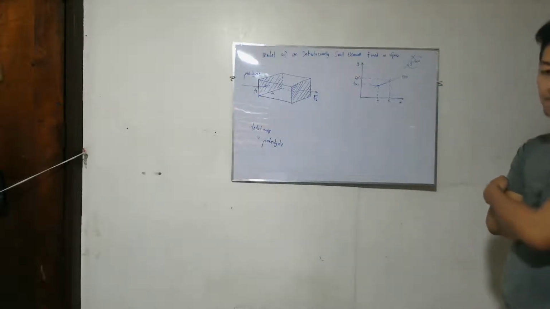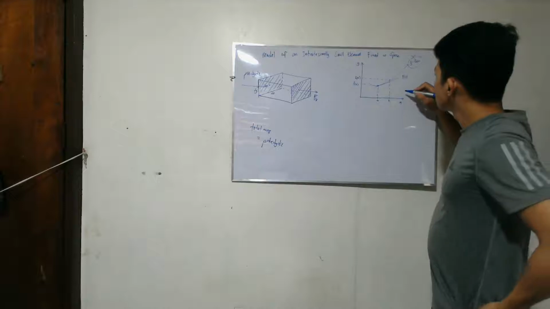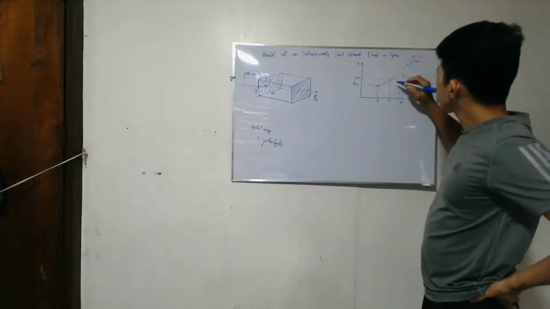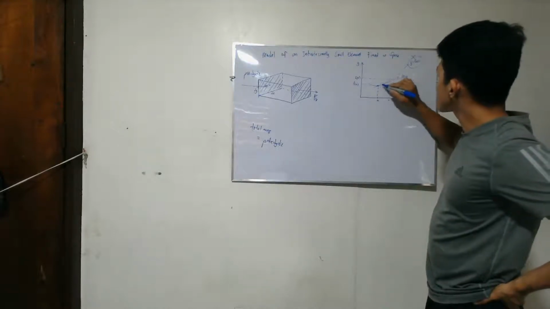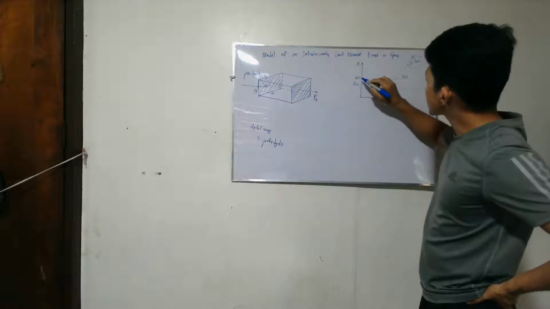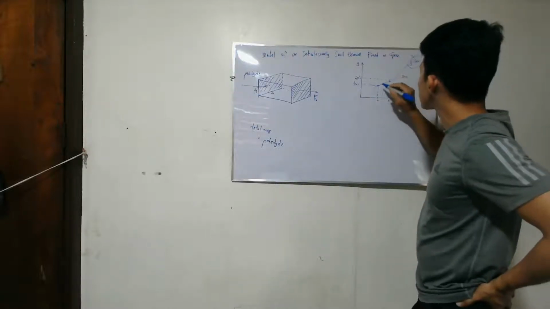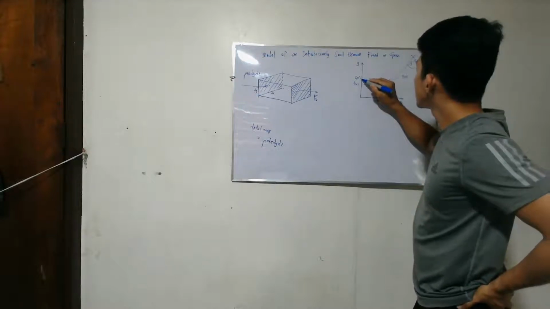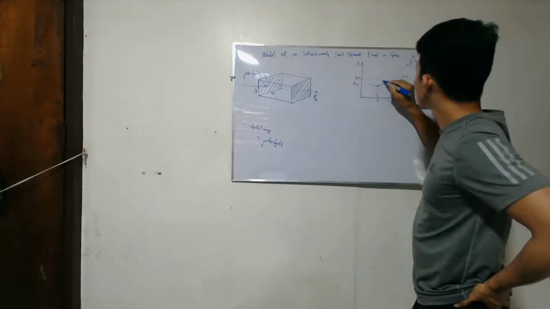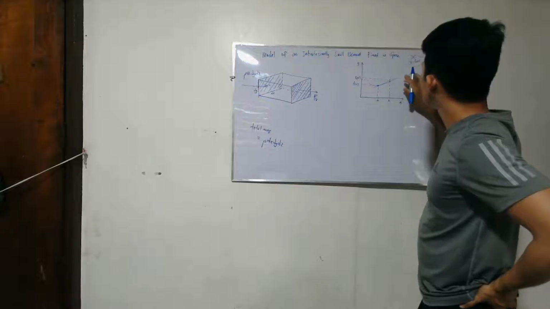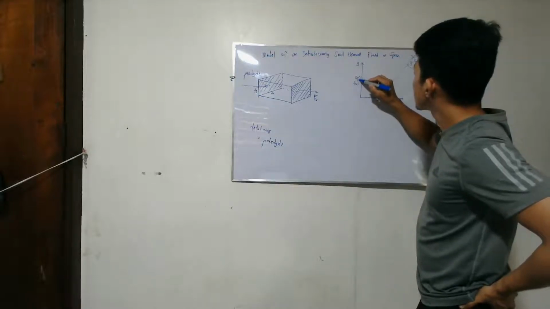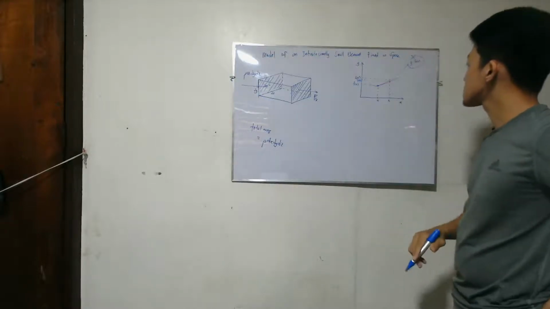So kung ano mang first derivative ani, instead niya f of x imong makuha, kani nga value imong makuha kani. So mo ni ang p of x.